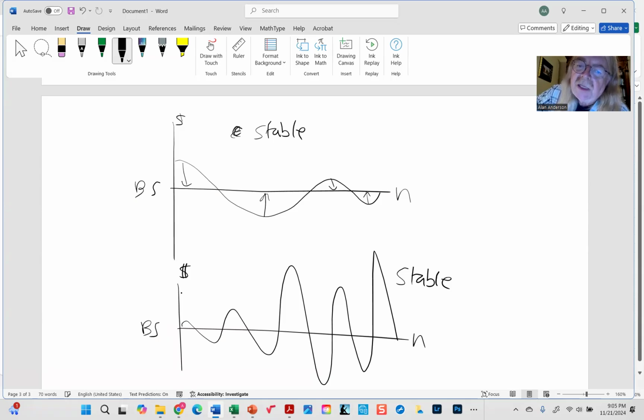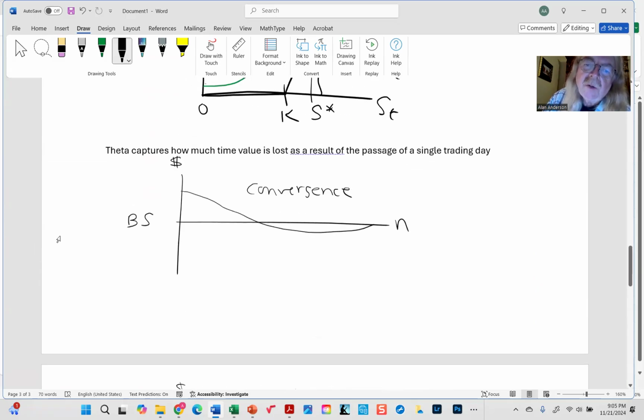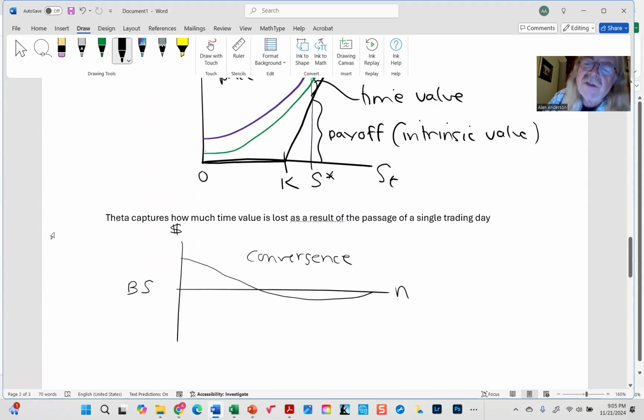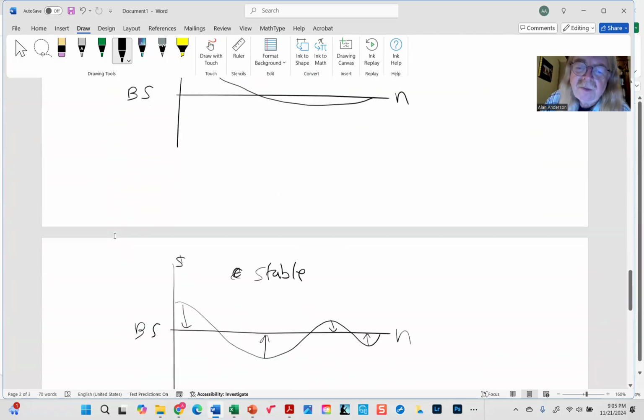Whereas with stable, as n increases, on average, this error is getting smaller and smaller. And that's what we mean by stability. Whereas convergence simply means as we increase n, we're getting closer and closer to the Black-Scholes, however we get there. Okay, so they're two different things, but we want to see both of these in a numerical method for us to have any confidence in it.